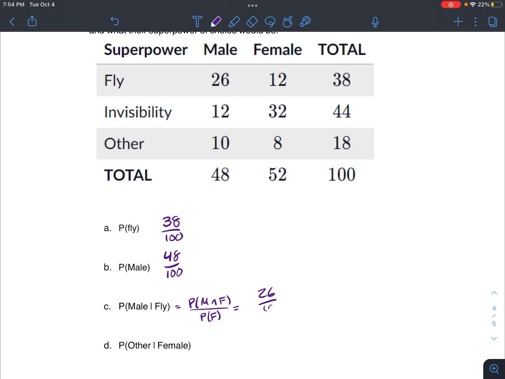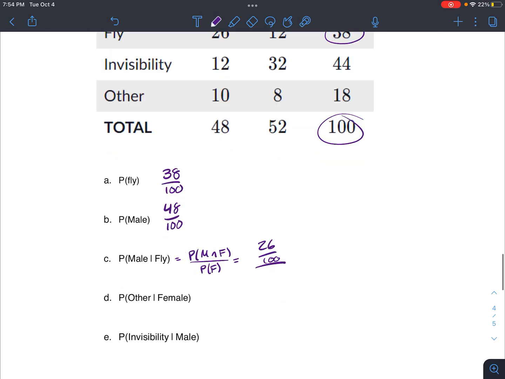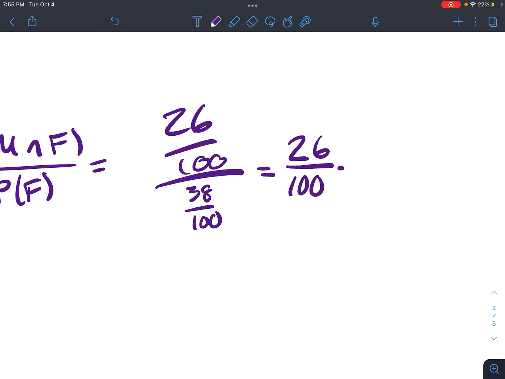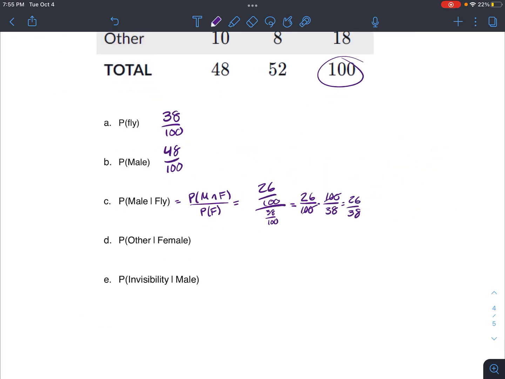So it's 26 out of your total of 100 over the probability they want to fly, 38 over 100. Multiplying by the reciprocal, you'll get 26 times 100 over 38, or 26 out of 38.